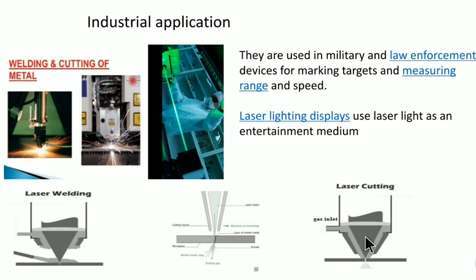The blowing action increases the depth, and the cutting speed also increases. Now it has some advantages as compared to ordinary cutting. That is high production rate, as the cutting process can be programmed. The quality of cutting is very high. No chemical change or thermal damage to the material occurs. The mechanical stress is not induced. These are the different applications in the case of industry.